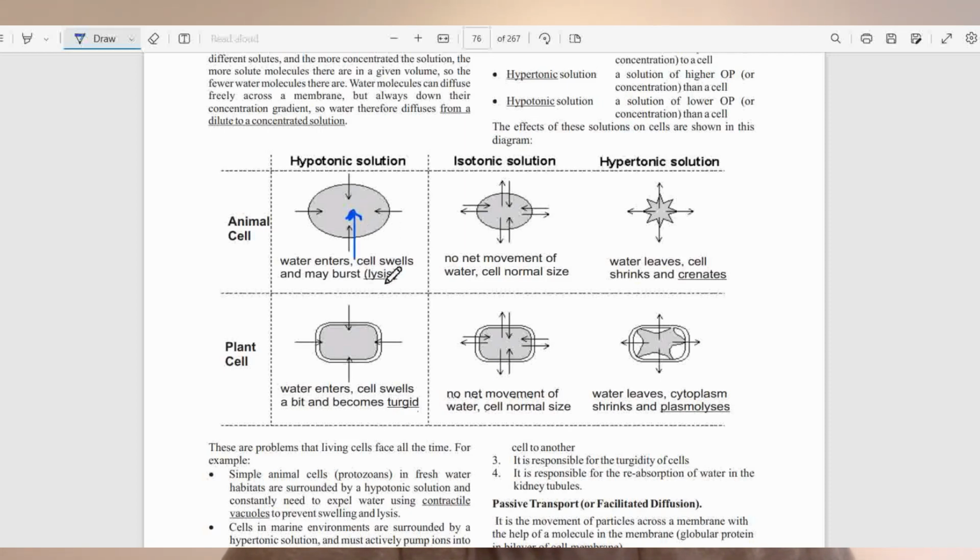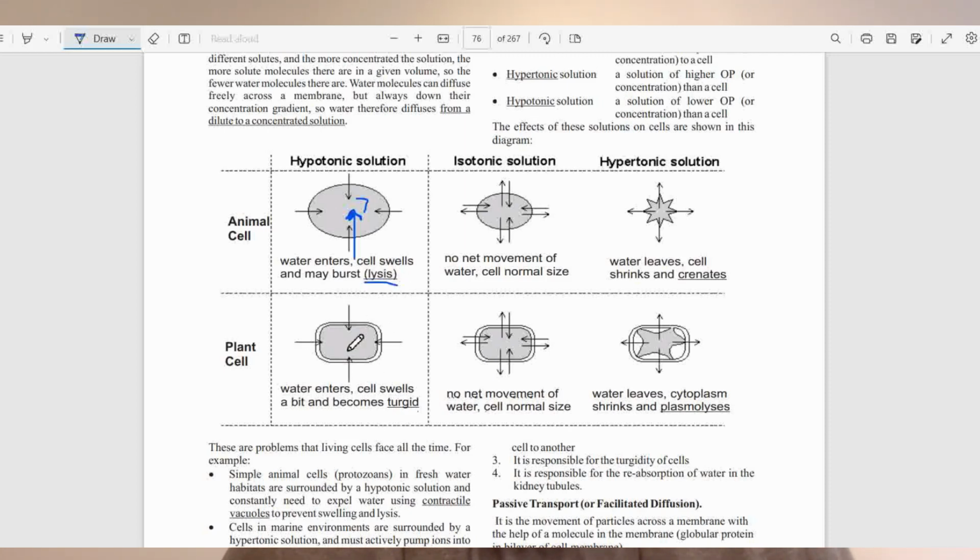So water would usually move from lower concentration to higher concentration via a membrane. So if the solution is hypotonic, water will move into the cell, which in this case is hypertonic. And what happens? The cell will swell and then burst by a process called lysis.